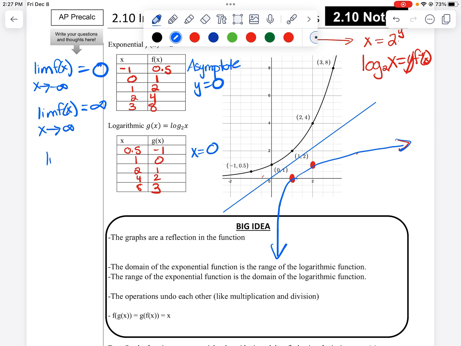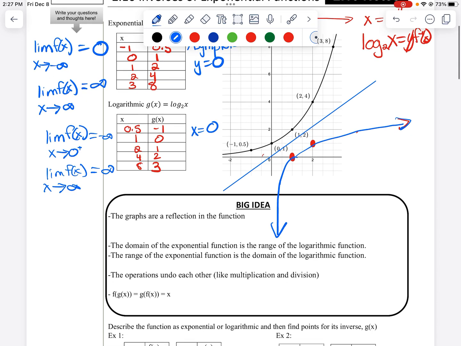And for our log, the limit of f of x as x goes to 0 from the right-hand side is -infinity, because as it goes to 0, it goes to -infinity. And the limit of f of x as x goes to +infinity keeps getting higher and higher, so it would be +infinity.